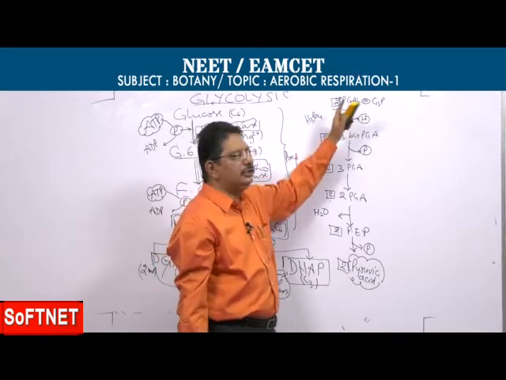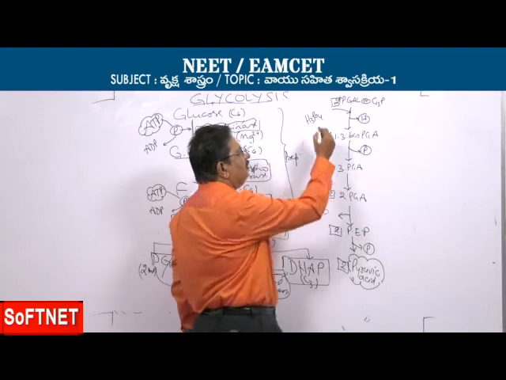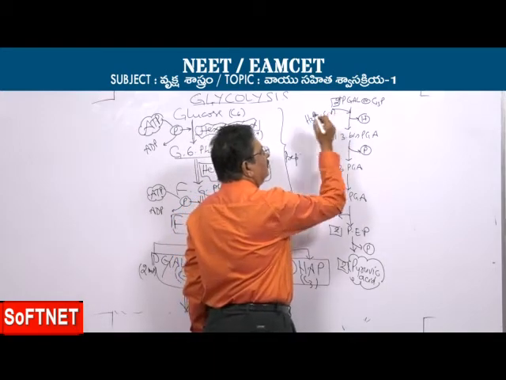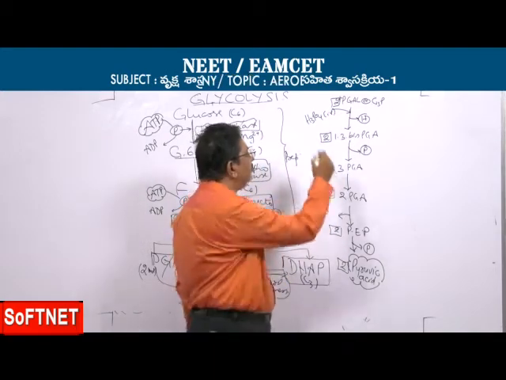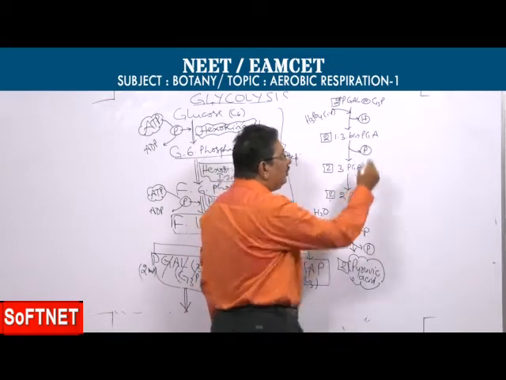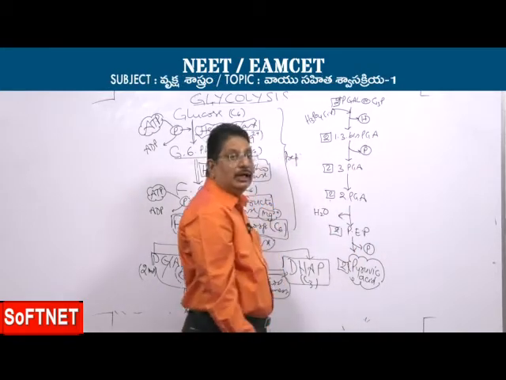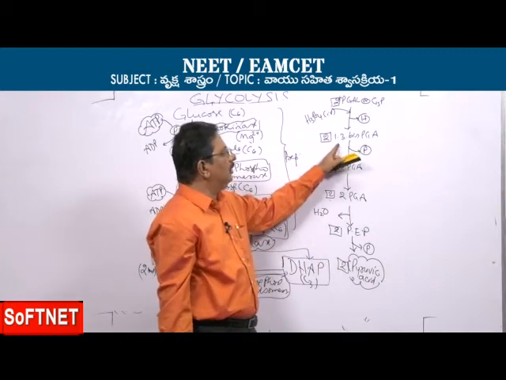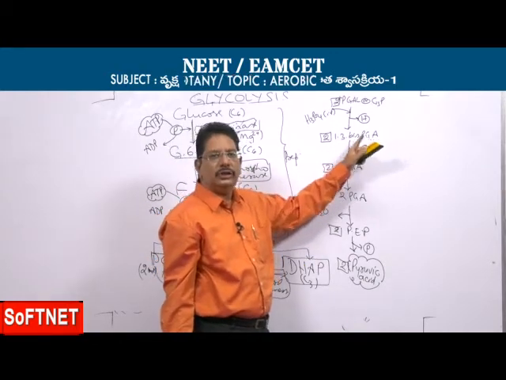So, 2 PGAL react with inorganic phosphate, which is available in H3PO4, and lose hydrogen atoms and convert into 1,3-bisphosphoglyceric acid.